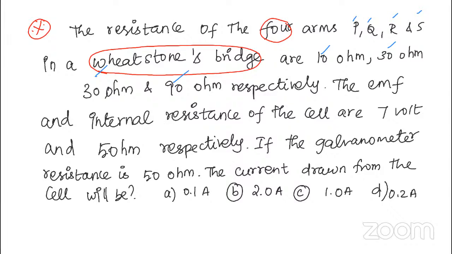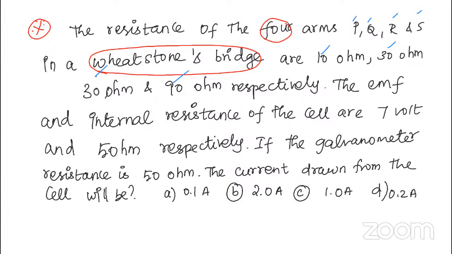Then here the EMF and the internal resistance of the cell are 7 volt and 5 ohms respectively. So internally, what else have they connected? They are connecting one 7 volt cell and 5 ohms resistance.